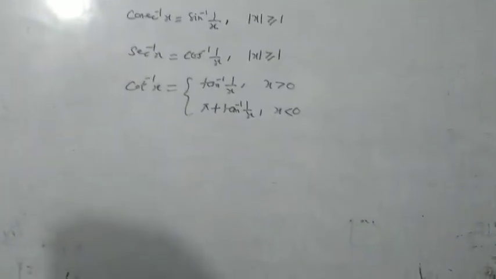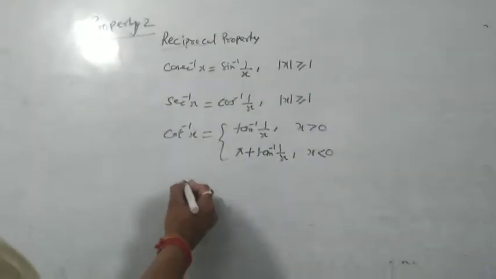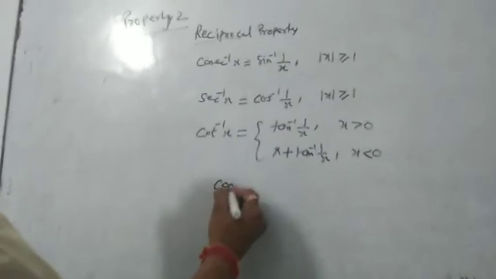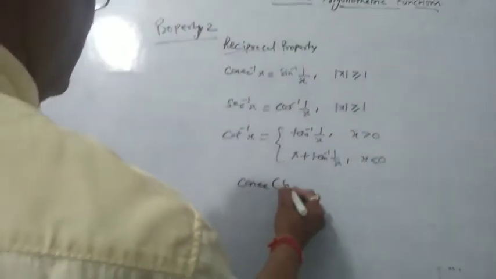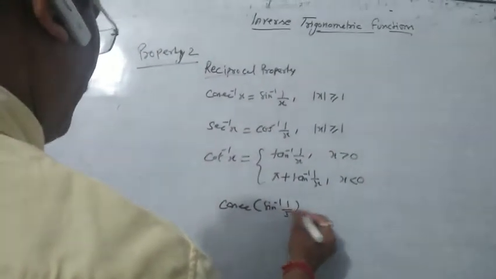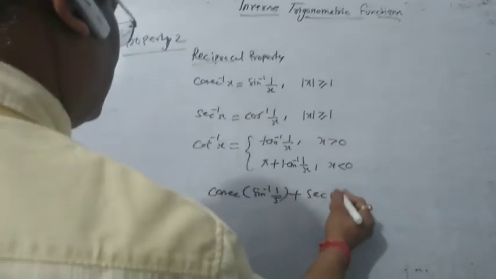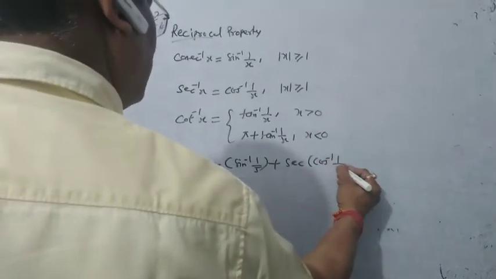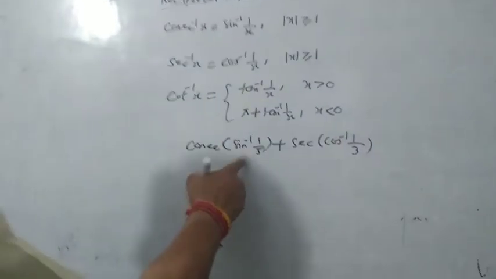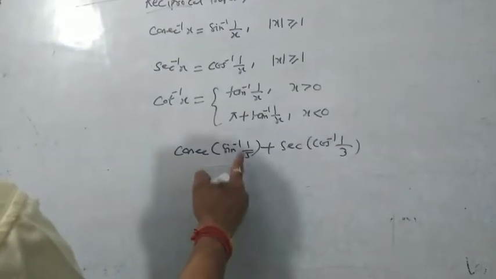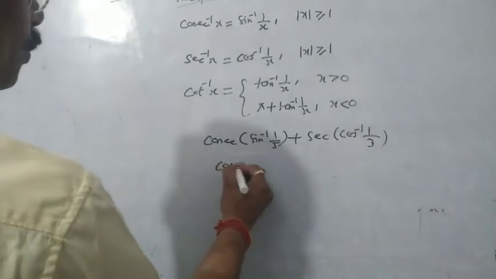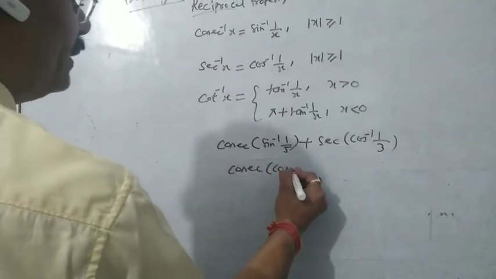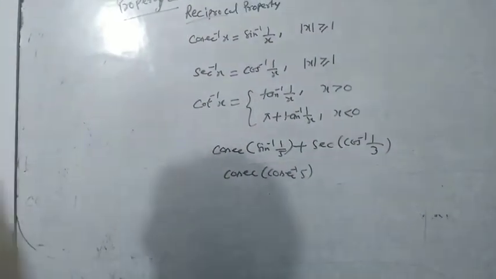Suppose we take an example question: cosec of sin inverse 1 by 5 plus sec of cos inverse 1 by 3. Sin inverse 1 by 5 is written as cosec inverse 5.